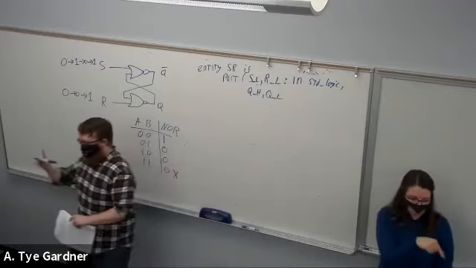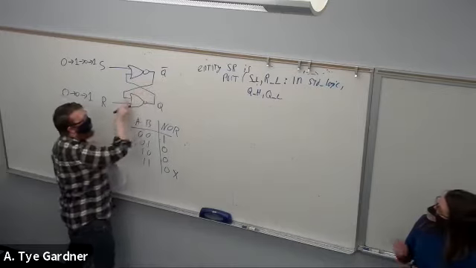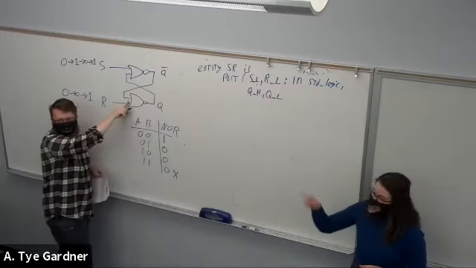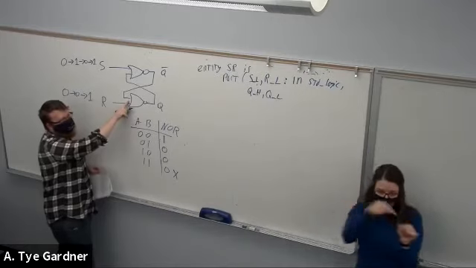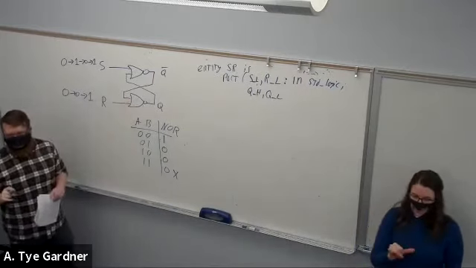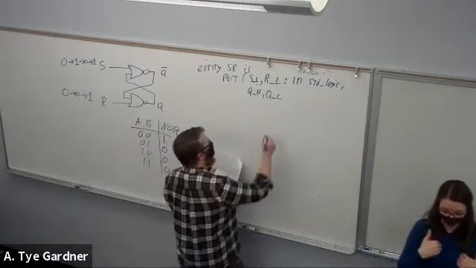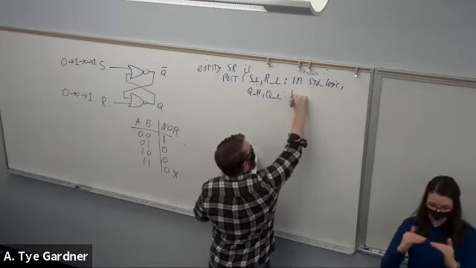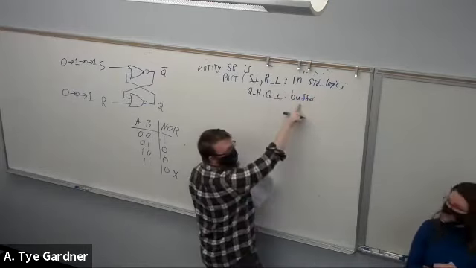Now, unfortunately, if you look at this, Q bar is both an output and an input, right? And we know that VHDL does not like having an output on the right hand of expressions. So one way of avoiding this little issue is when we declare it, we declare it as a buffer.